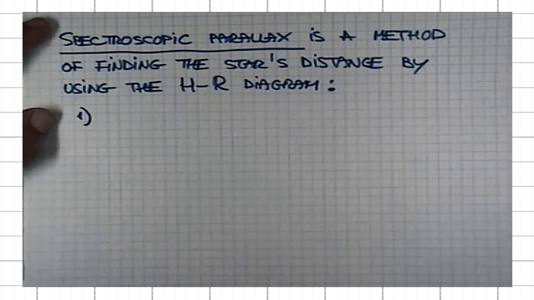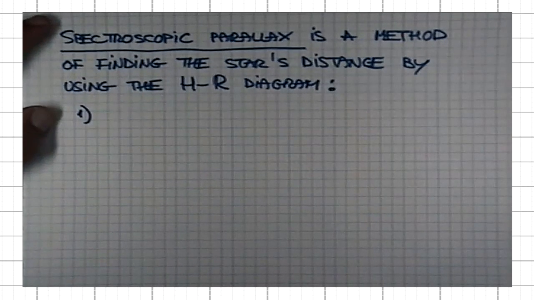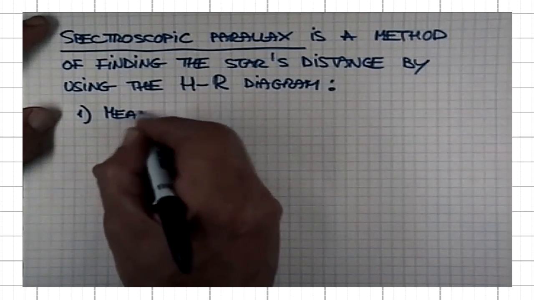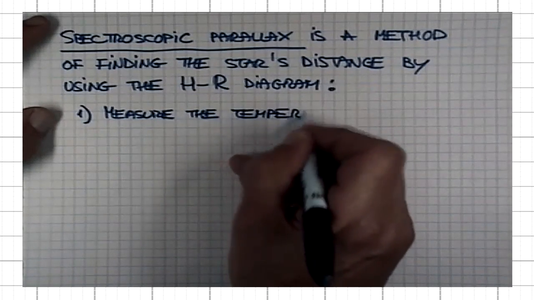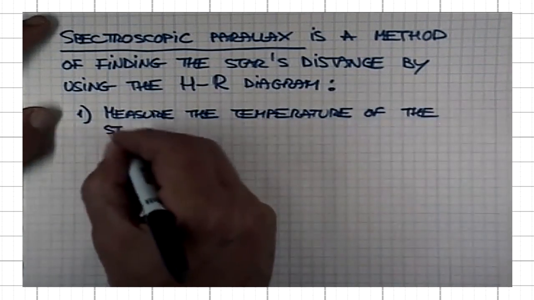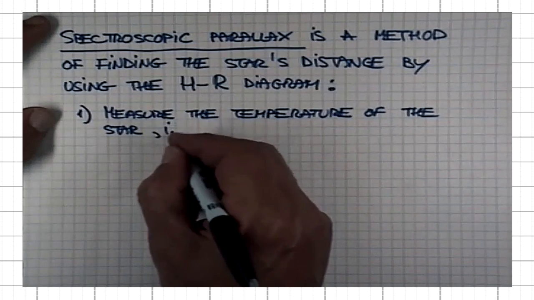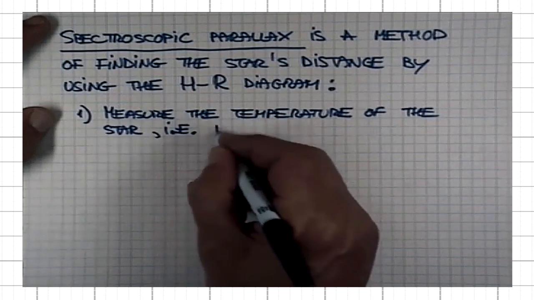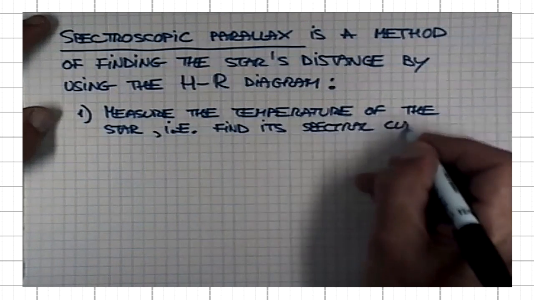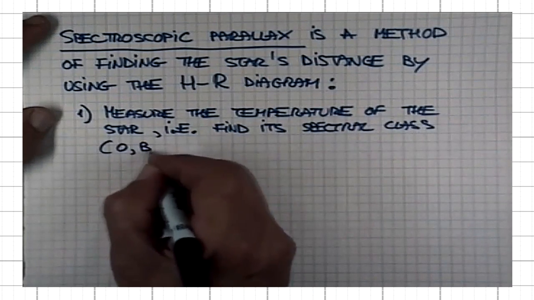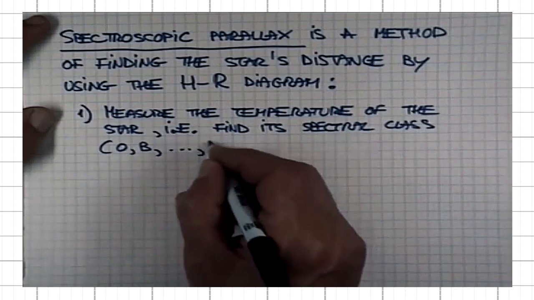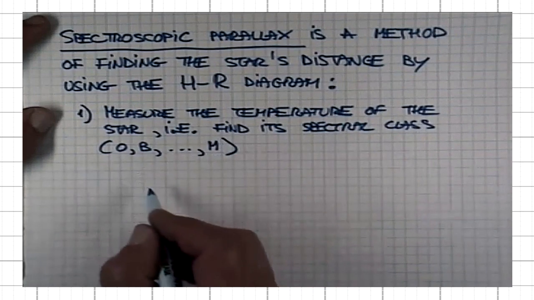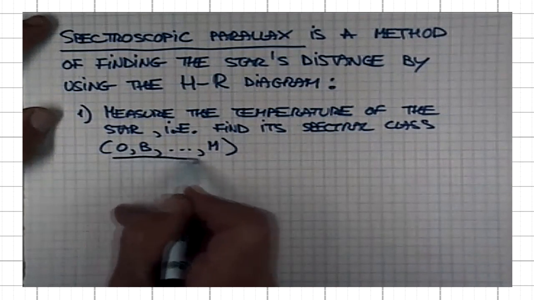So what you do, you measure the temperature of the star, that is, find its spectral class, whether it's O, B, and so on, all the way to M, and the temperature is decreasing in this direction.